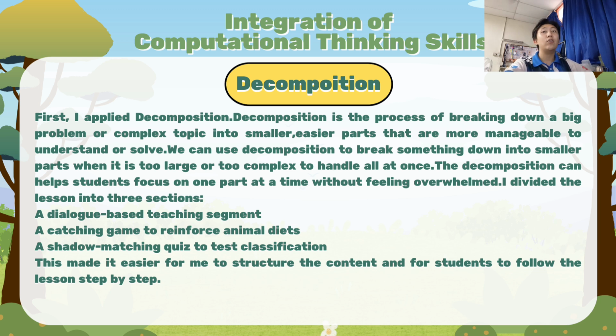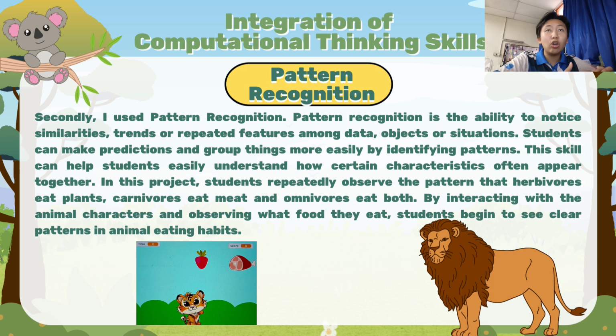Next, I use pattern recognition. What is pattern recognition? Pattern recognition is the ability to notice similarities, trends, or repetition among objects. Students can predict and group things more easily by identifying patterns. This skill can help students easily understand how certain characteristics often appear together.